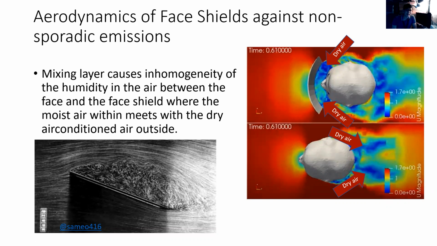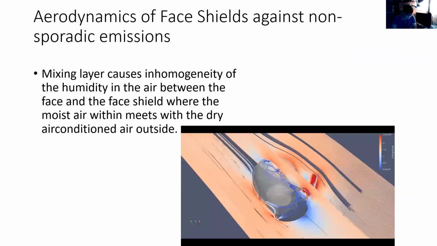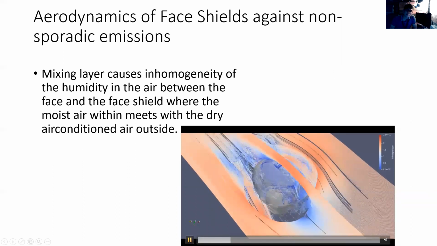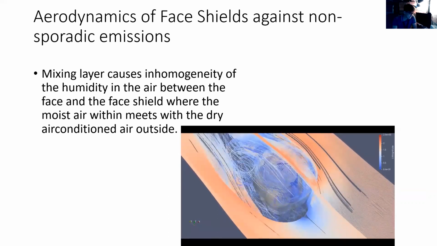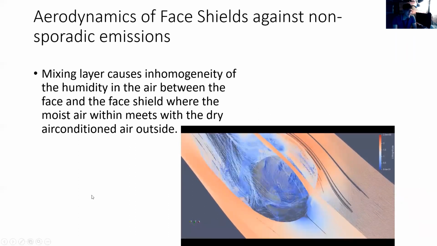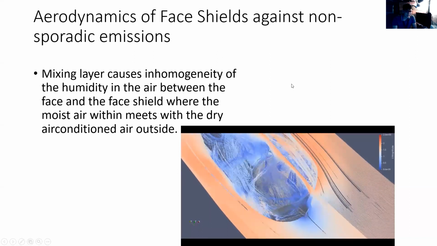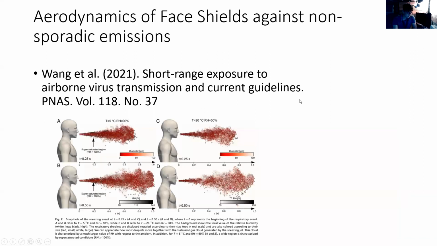So the dry air mixes with the humid air, which actually causes, so if we play, this is the development of the mixing layer in full glory, visualization of that, and meets the dry air from the air-conditioned air outside.